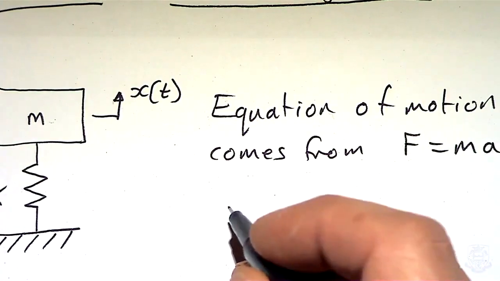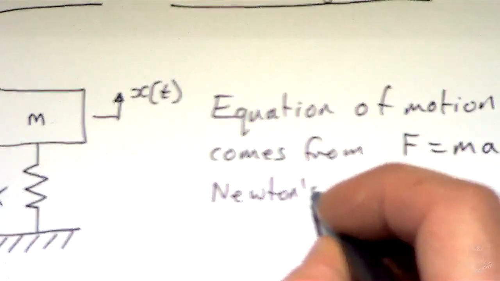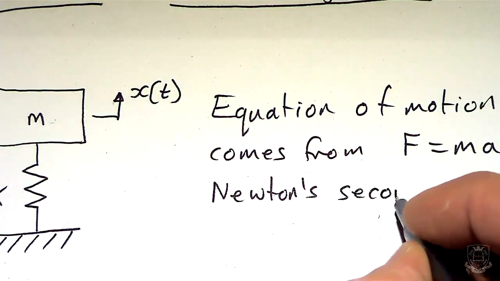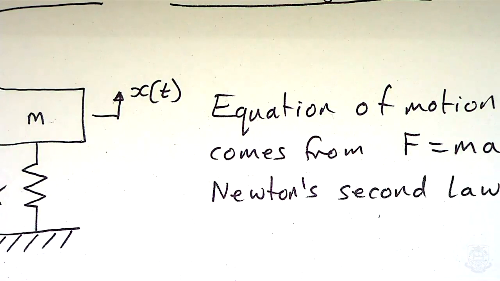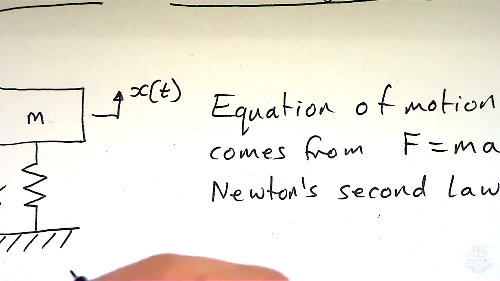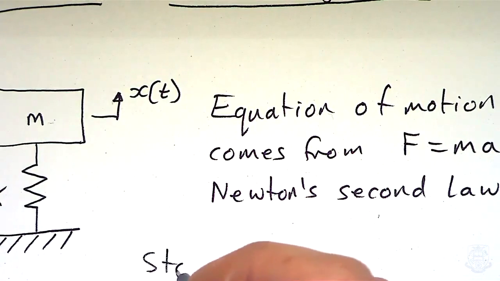Which is Newton's second law. Okay, so F equals ma. We're going to do two different parts to it. First we're going to look at the static equilibrium, and then we're going to look at the dynamic equilibrium. Okay, so the first thing to look at is static equilibrium.